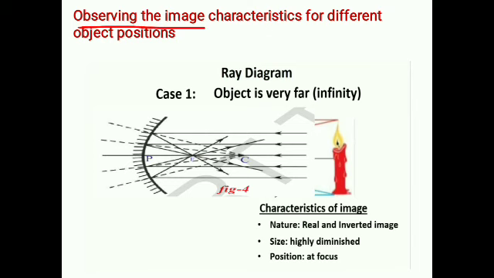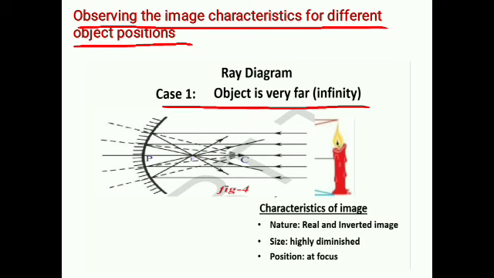Observing the image characteristics for different object positions. Case 1, object is very far at infinity. Let us take a candle.